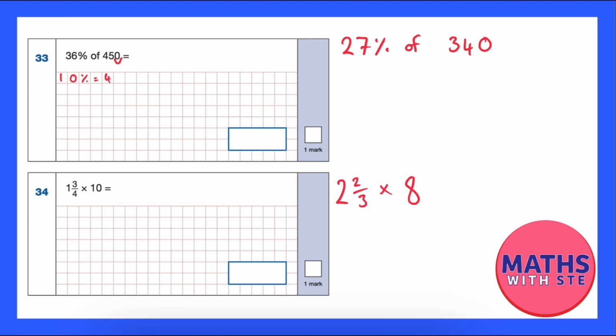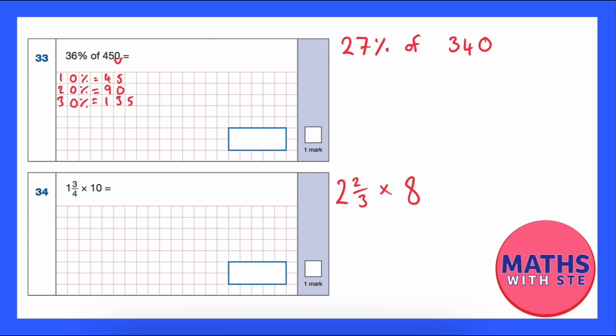So I can say 10% equals 45. All right, now just start thinking about what else I can find out from there. Well, I can say that 20% is going to be 2 times 45, so it's going to be 90. And 30% is going to be 10% add 20%, so that is going to be 135.